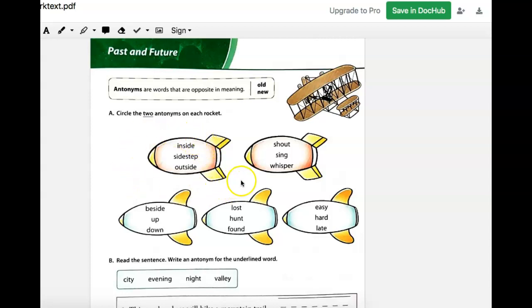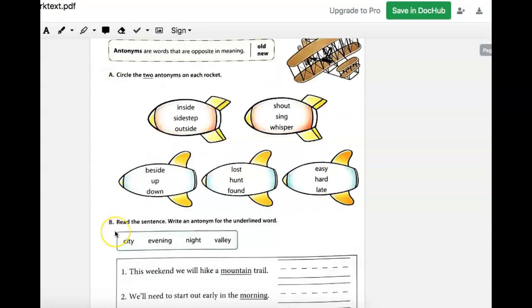So the first rocket, we have inside, sidestep, and outside. Which 2 words do you think are antonyms? The correct answer is inside and outside. Yay! Sidestep just means you're stepping to the side. You can try the rest on your own.